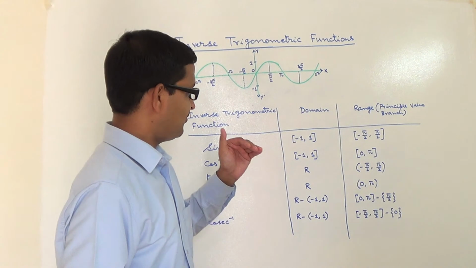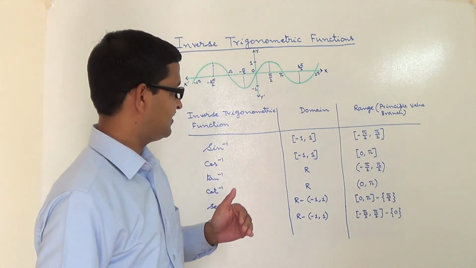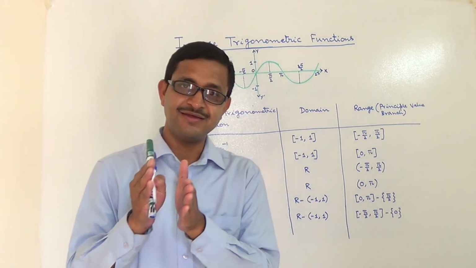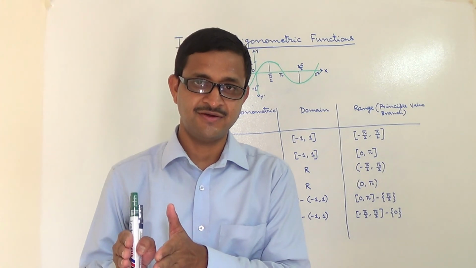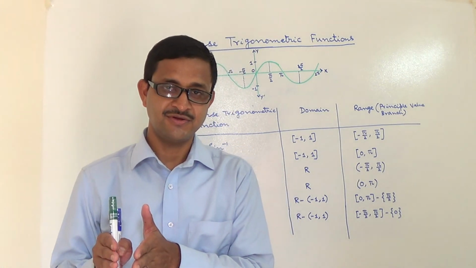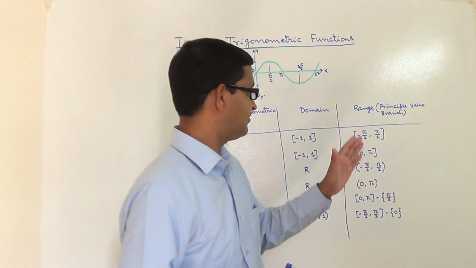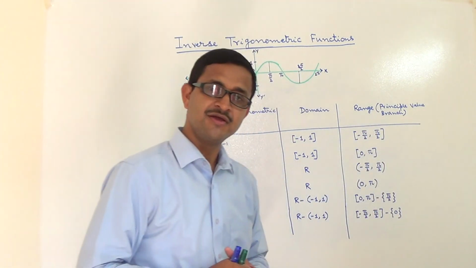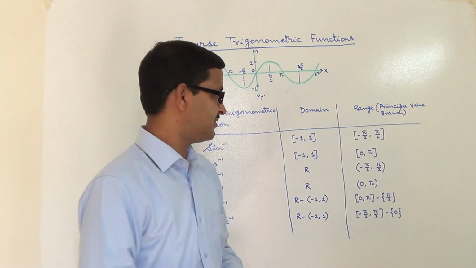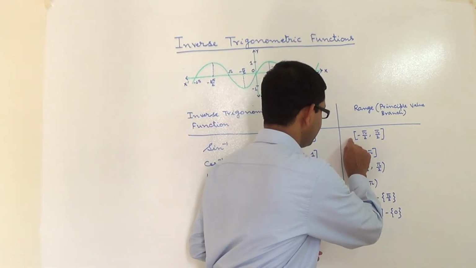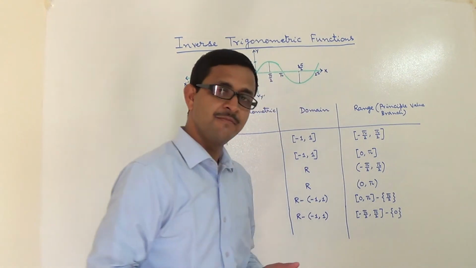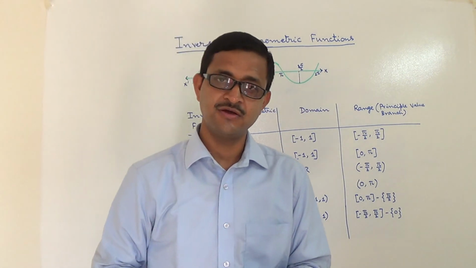And we also discussed there are several ranges possible for an inverse trigonometric function, but the values in this range are called the principal value branch of the range.